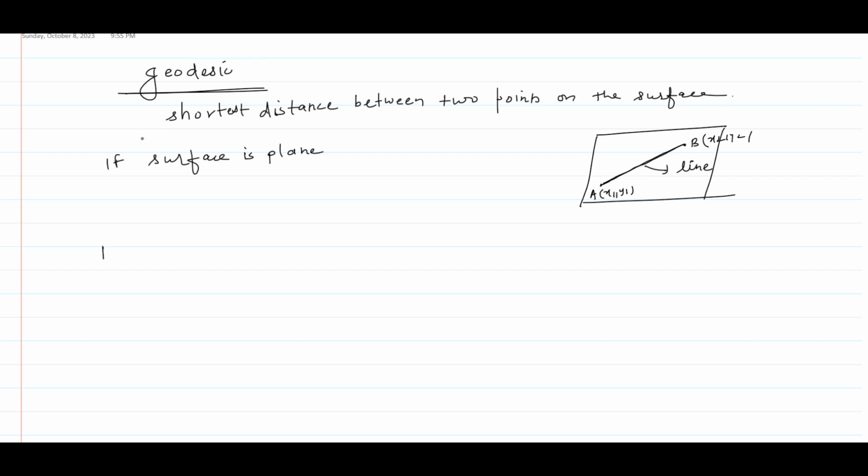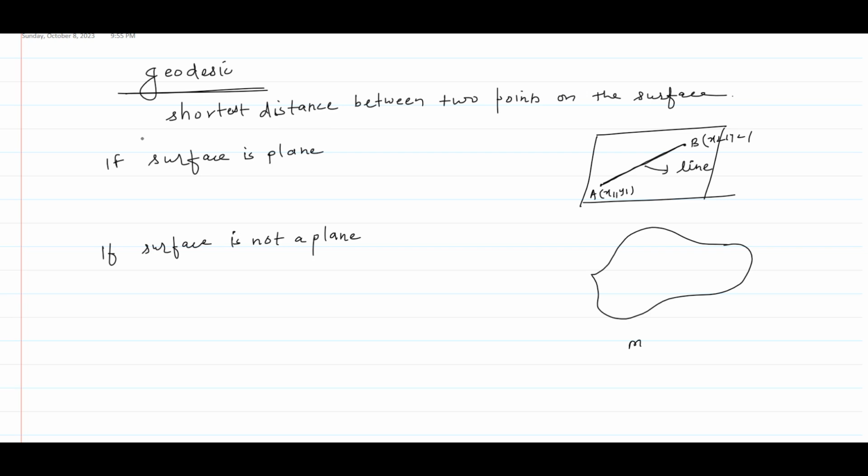But if the surface is not a plane, like an irregular surface, such type of surface, this is our surface. The surface is not a plane, like a mountain.